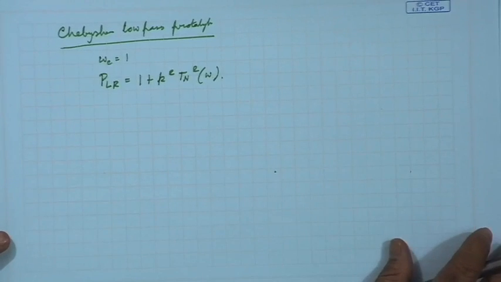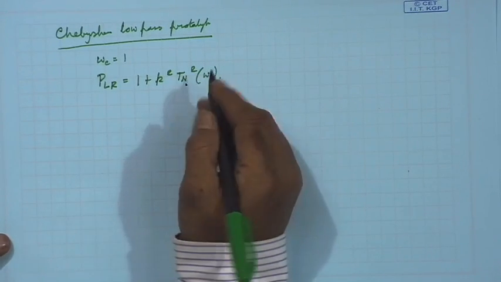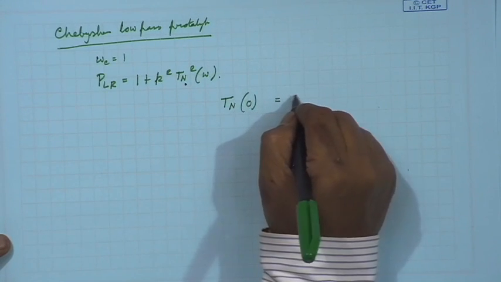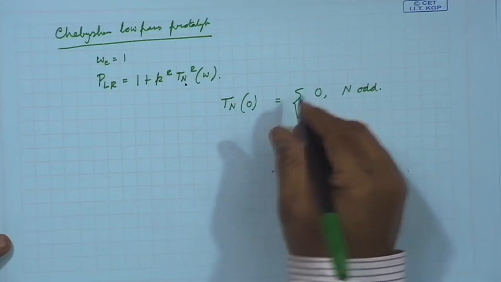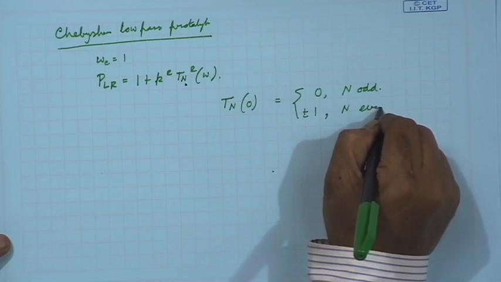Now, T n, these Chebyshev polynomials, have a property that T n 0 is equal to 0 if n is odd and plus minus 1 if n is even.